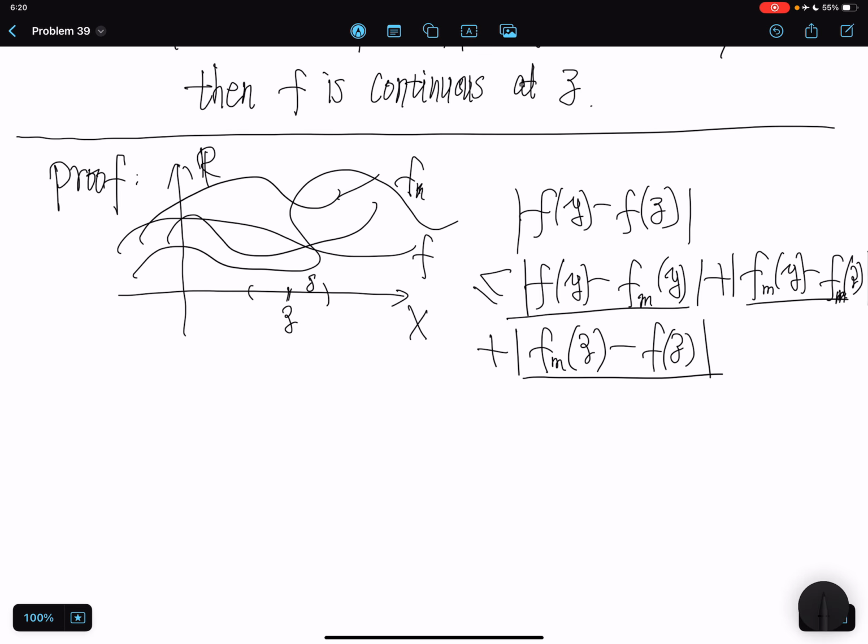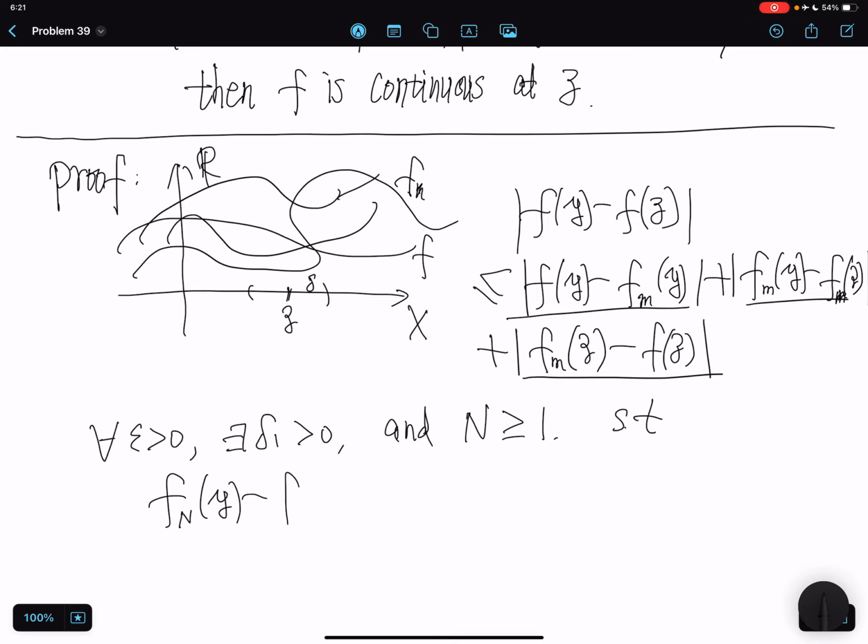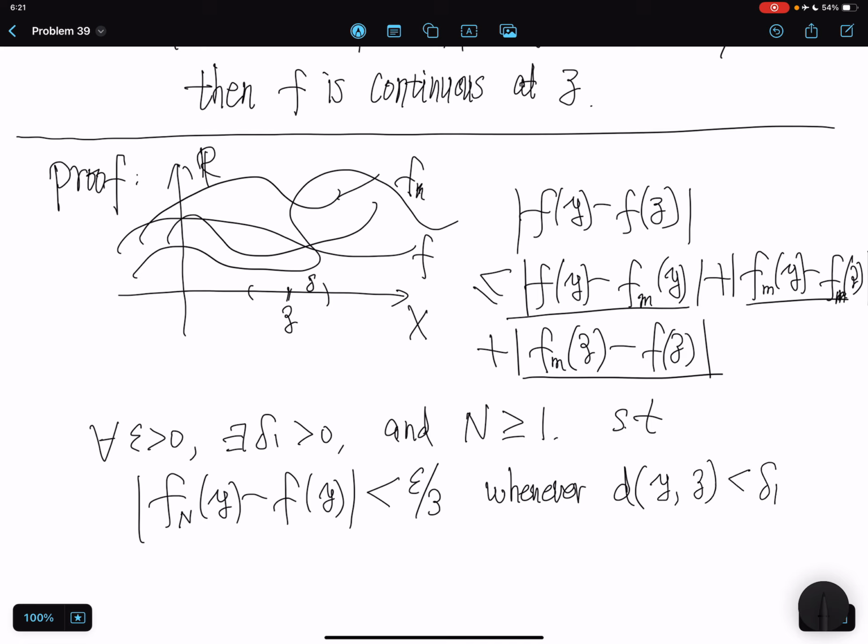From the definition, for all epsilon greater than 0, we can find some delta 1 bigger than 0 and some capital N bigger than 1, such that the absolute value of f sub n of y minus f of y is less than epsilon over 3 whenever the metric of y and z is less than delta 1.